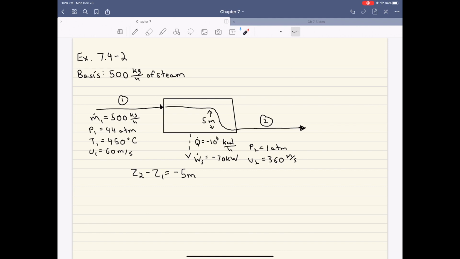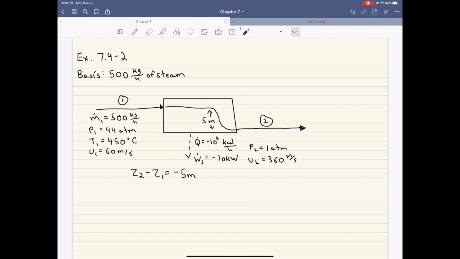In the outlet stream, it's exiting at a pressure of 1 atmosphere and a velocity of 360 meters per second. We're also told that the process itself has a heat loss of 10 to the 4th kilocalories per hour. So since we're losing heat, it's going to be negative there. And also, the turbine is delivering shaft work at a rate of 70 kilowatts.